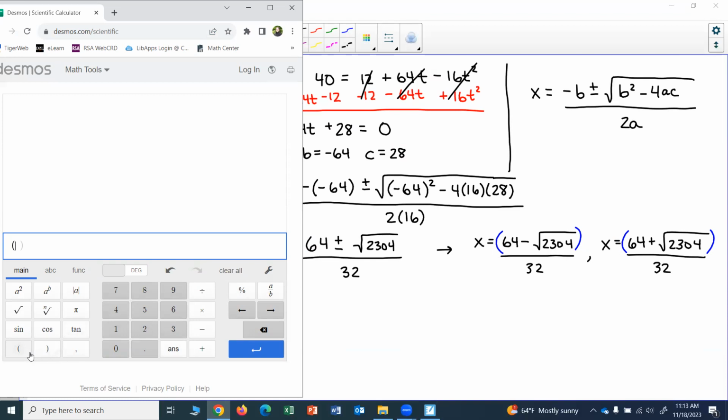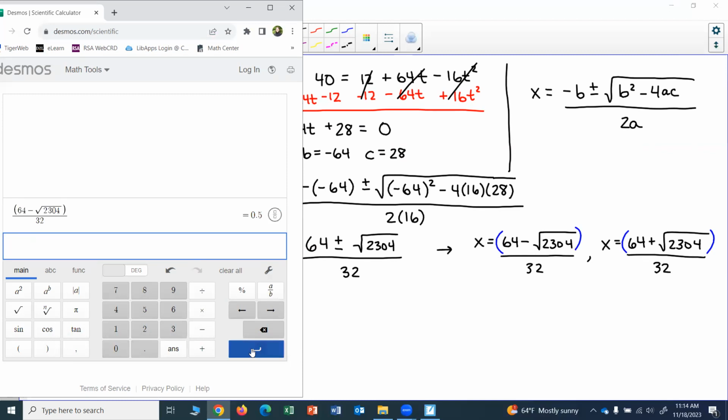So I'll put parentheses and then 64 minus the square root of 2,304. Get out of the square root, close the parentheses, and then divide by 32.